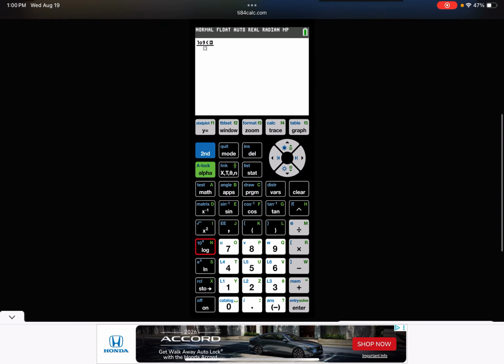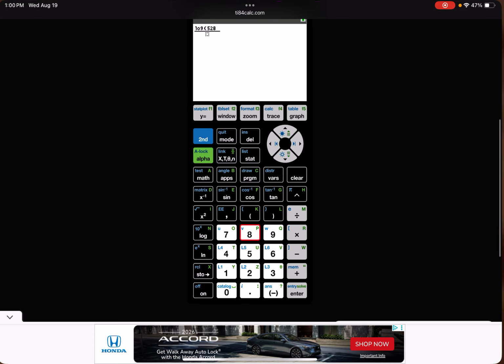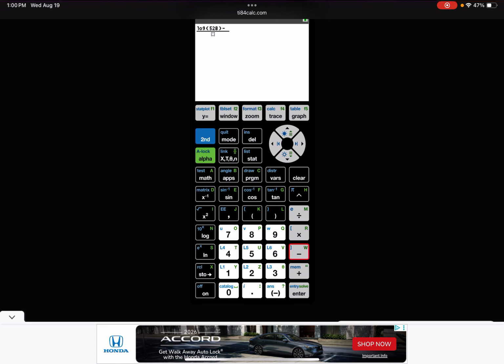So I type in log and then 528, close my parentheses, minus 6 log 7, close my parentheses, go down to the denominator, and that was negative. Anytime you start with a negative number, you need to use this minus down at the bottom. But if you're subtracting in between, you can use the regular subtraction. So negative 2 log of 7, close parentheses, and then hit enter.